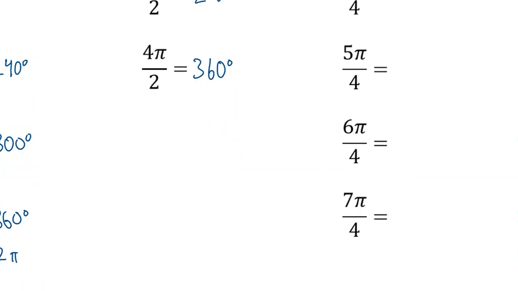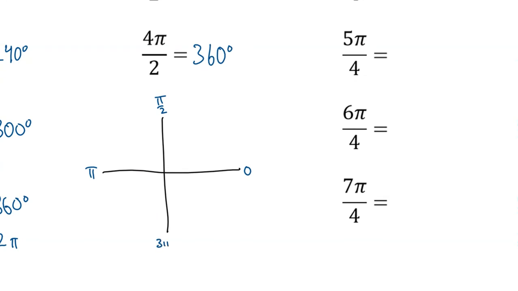So if I do a little graph, we start with 0, and then we have pi by 2, because that's 90, and then pi, 2 pi by 2, but we would always write it as pi, and then 3 pi by 2, and then 2 pi. That's not dividing by, that's 0 and 2 pi.